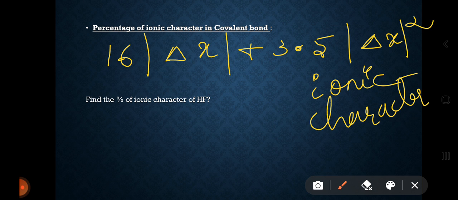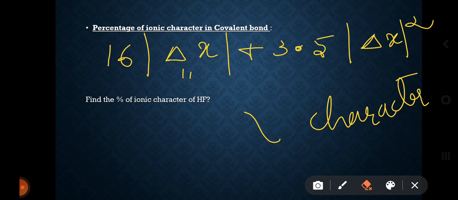Delta X is the electronegativity of A minus the electronegativity of B. Electronegativity we represent as psi also.